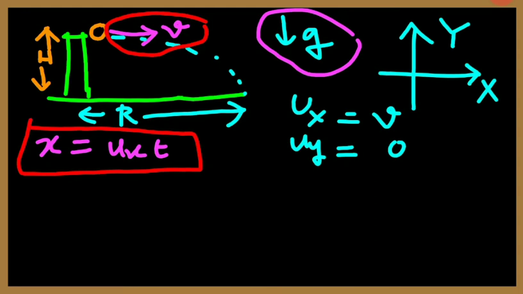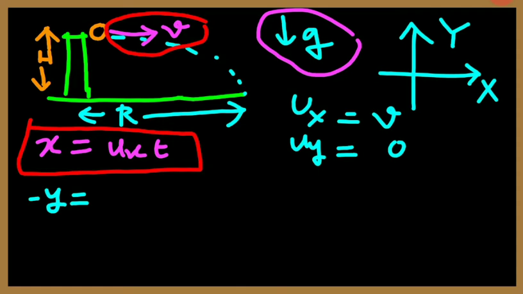Now let's focus on y. y is equal to uy into t plus half ay t square. First of all, the displacement is in the minus direction, so I will take minus y, because it is coming from top to bottom.